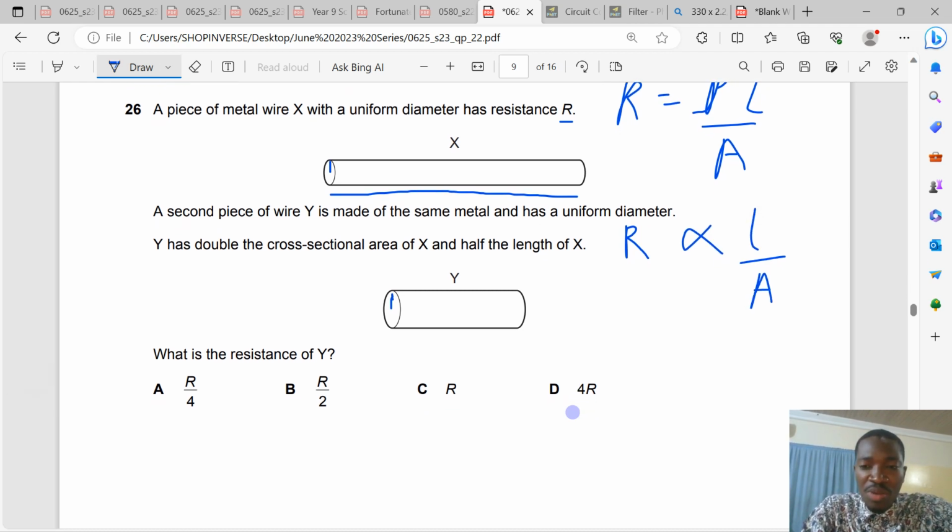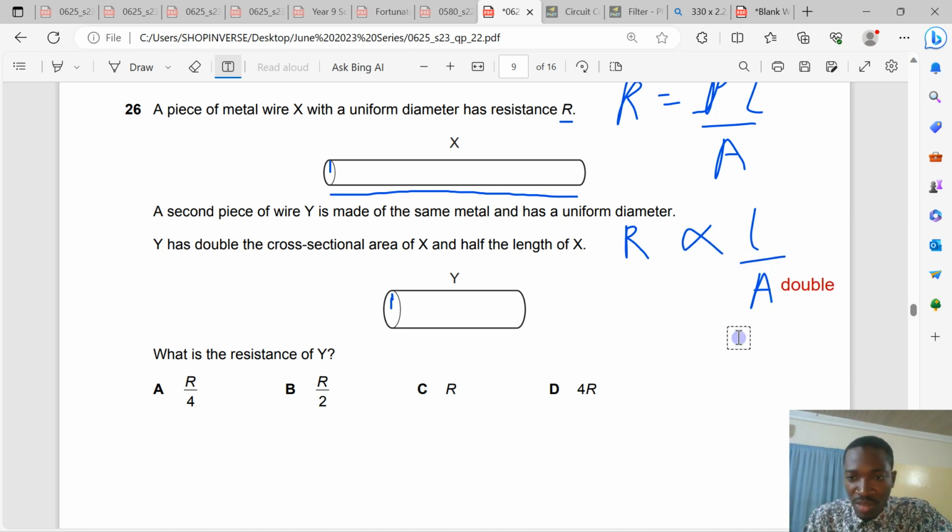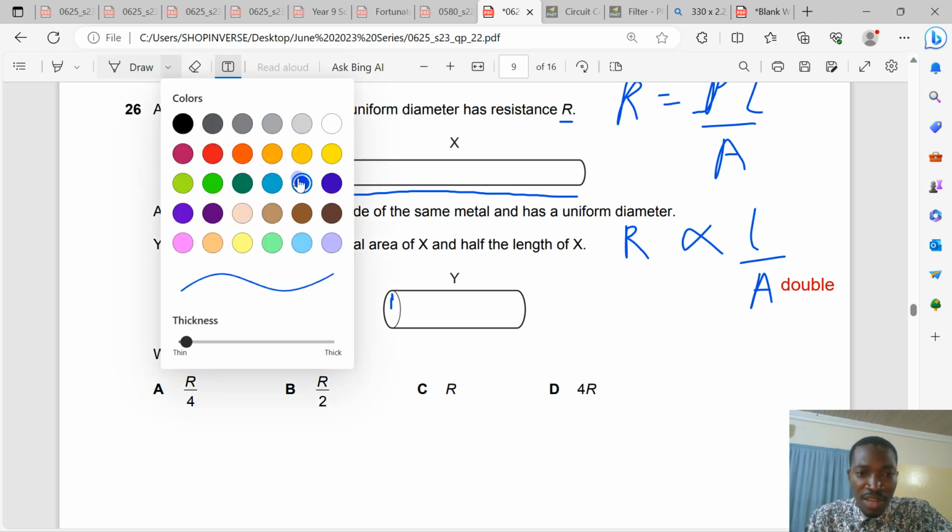Y has double the cross-sectional area, so we are doubling the area, and then as for the length, we are halving the length.